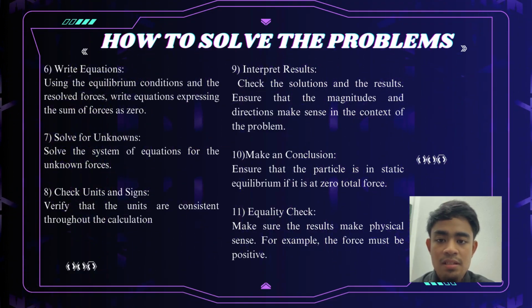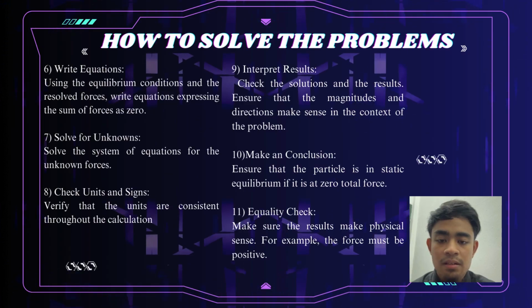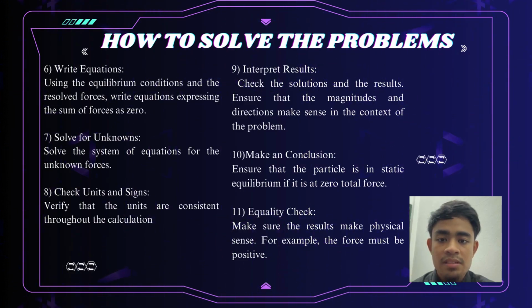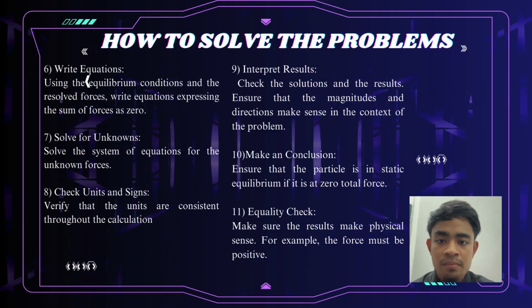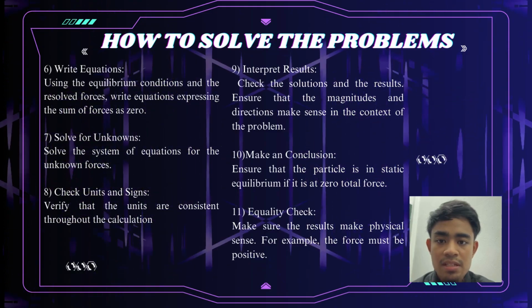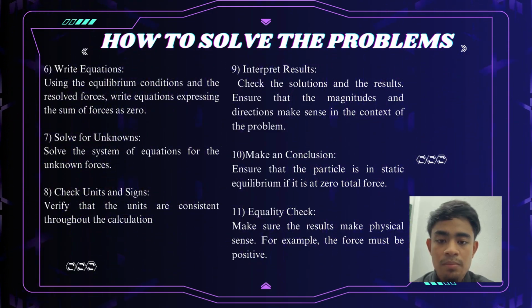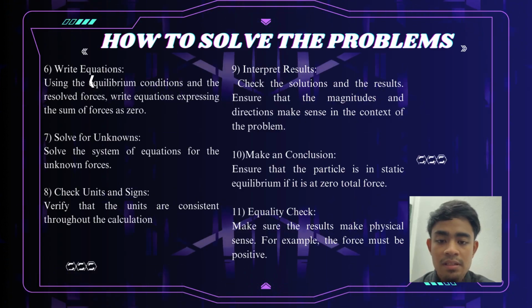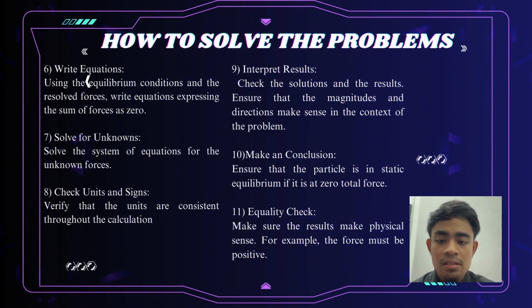So next, we need to interpret the result. Check the solution and the result. Ensure that the magnitude and the direction make sense in the context of the problem. For example, the tension is always positive.